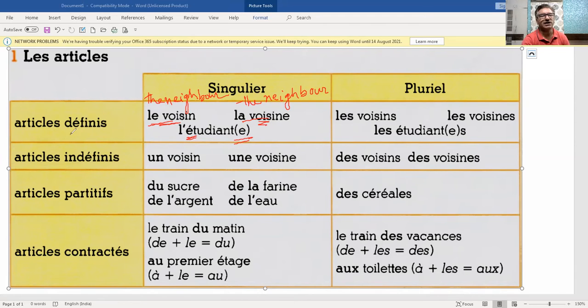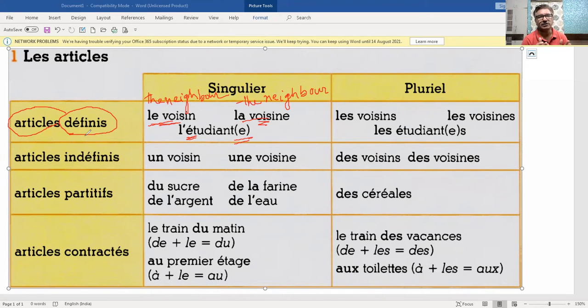Definite articles are used more or less the same way we use them in English. So there are exceptions, of course. In the course of study, you will notice that there are exceptions where we use article in French, but we do not use article before the noun in English.